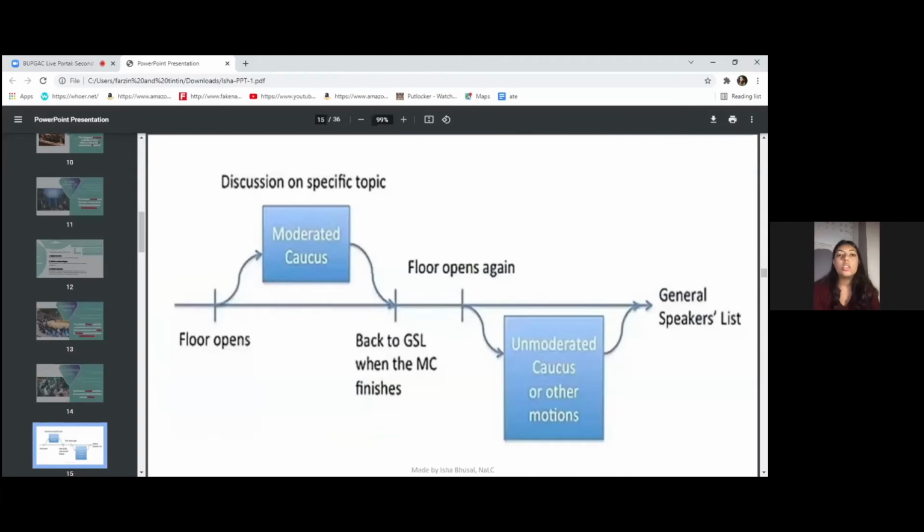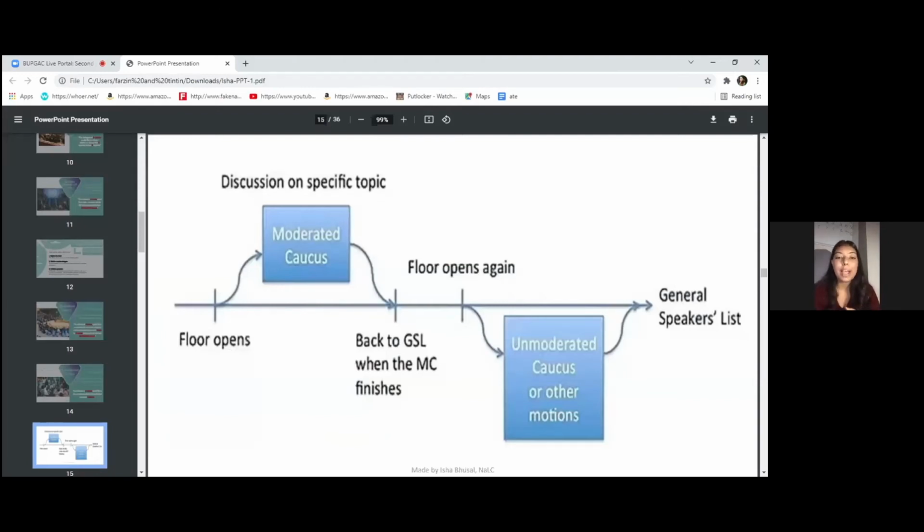So yeah, the floor opens. When we say the floor opens, that means it's open for motions. That means you can raise your moderated caucus or unmoderated caucus during that time, right? So let's say the floor opens and you raise a topic for moderated caucus which passes. Then you discuss a specific topic in a moderated caucus. Then it goes back to GSL, because if you remember, we were suspending the GSL.